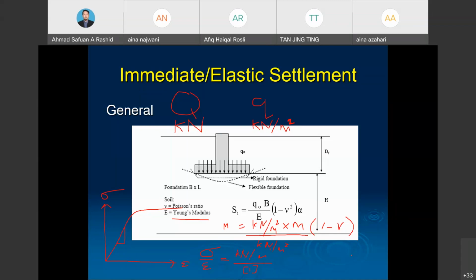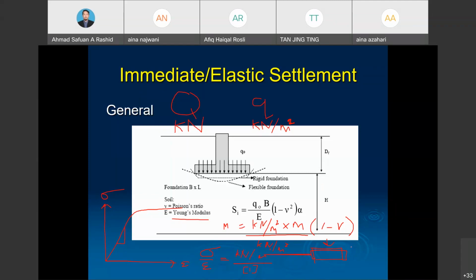Okay, Poisson ratio adalah the ratio between vertical strain over horizontal strain. Maknanya kalau satu material tu kita compress dia, okay. So there will be, dia akan jadi deform, okay. Yang ni selepas di compress dia, okay.